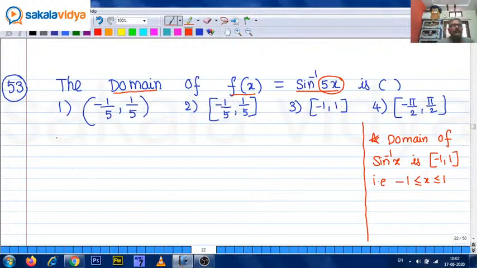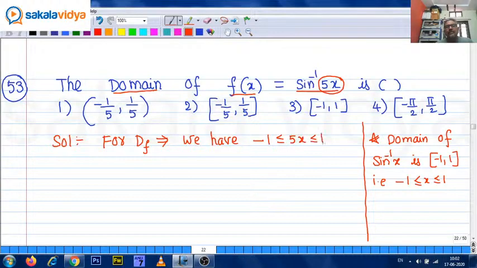So for the domain of f we have minus 1 less than or equal to 5x less than or equal to 1. Then divide throughout by positive 5.